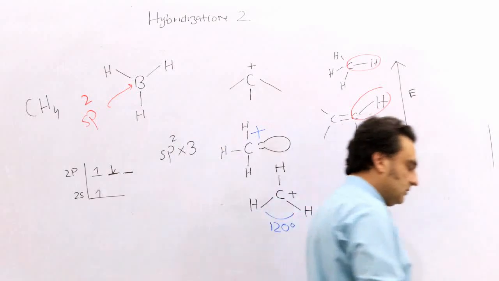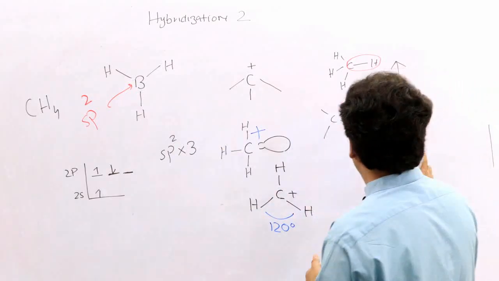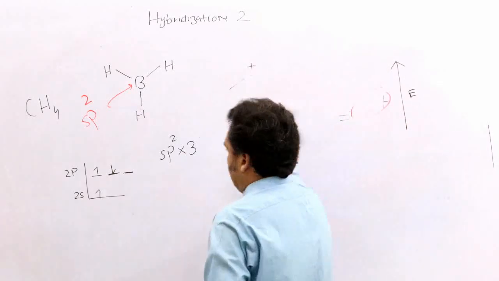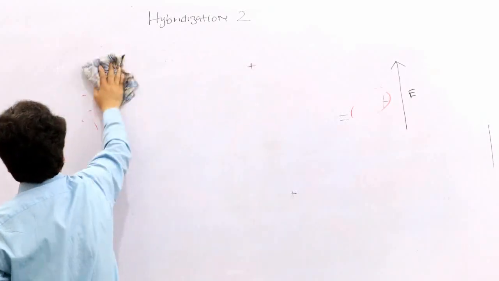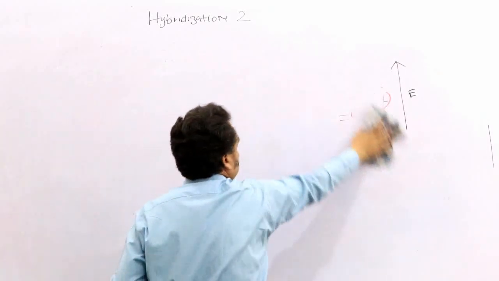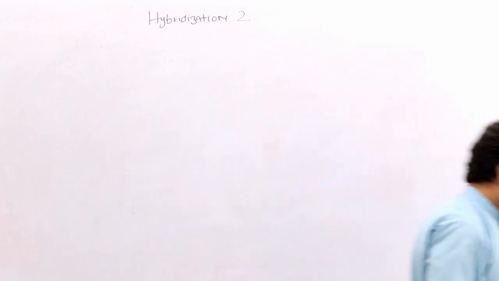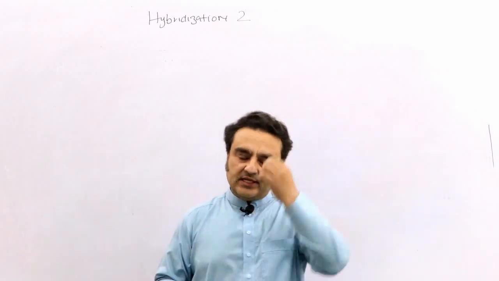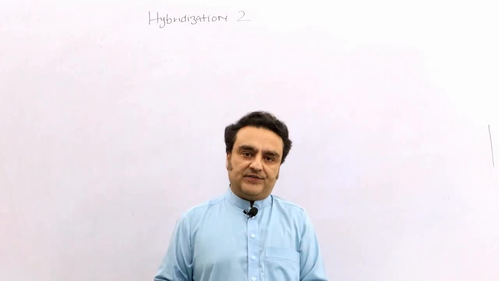Okay, this is another molecule. Let us move to the third molecule. Which one was it? Okay. When you study my quantum mechanics class, then you will be able to understand what actually hybridization is.